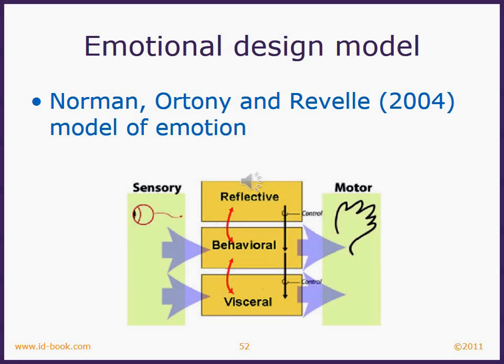Let's study the emotional design model, very important to understand. Norman's model of emotion and behavior is couched in terms of different levels of the brain. Lower levels are parts of the brain that are wired to automatically respond to events happening in the physical world, and this is known as the visceral level.